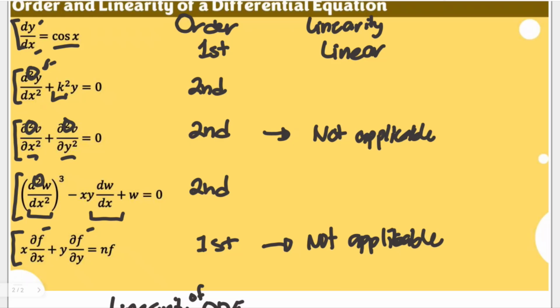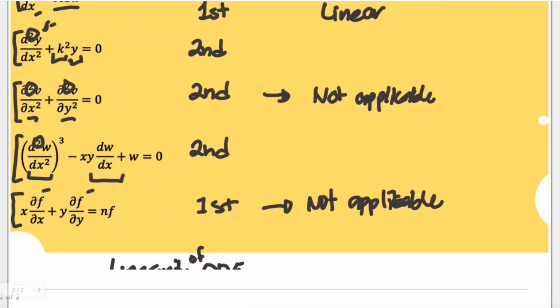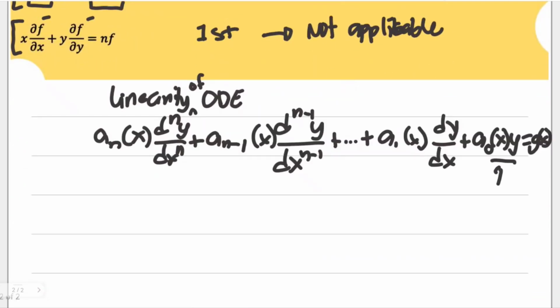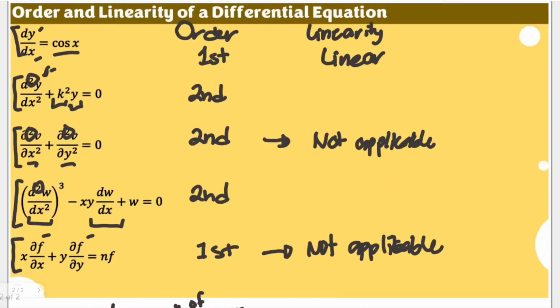Since we have the presence of y, as indicated by the last term here, it is possible to say that this is actually linear, because you only have two variables, still y and x. Probably x here is equal to 1, because we cannot see x there. And k here is just a parameter, and it's not subjected to any form of derivative with respect to x or with respect to y.